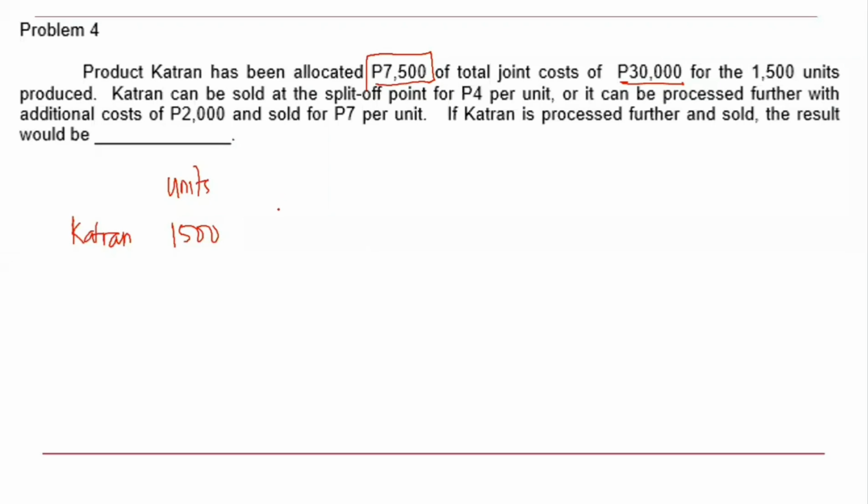So Katran can be sold at the split off point at 4 pesos per unit. So sales value at SOP is 4 pesos per unit. Or it can be processed further with an additional cost of 2,000 pesos. Ano yung additional cost? APC is, hindi naka per unit, diretso na 2,000 pesos. Ayan. And sold for 7 pesos per unit.